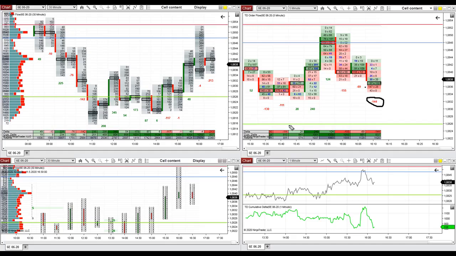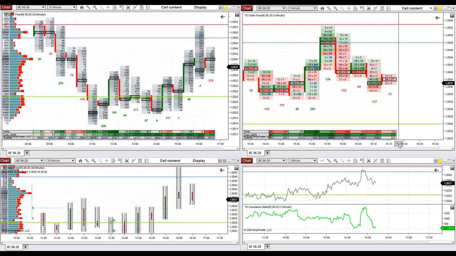Now there are some buyers jumping in here, but the sellers are clearly stronger. But if you wanted to quit your trade in here, then this could be the sign of the buyers, and after seeing that, you actually may want to quit the trade in here.